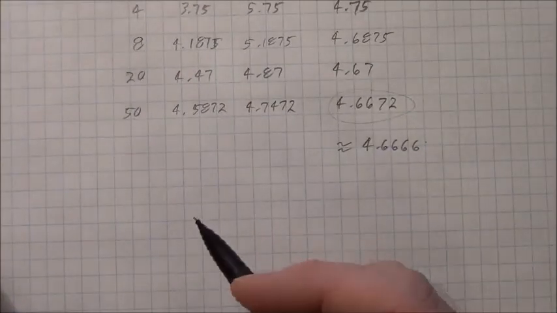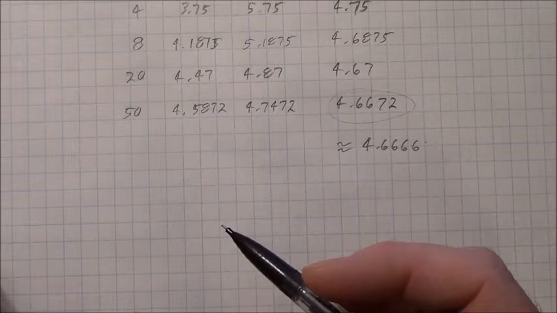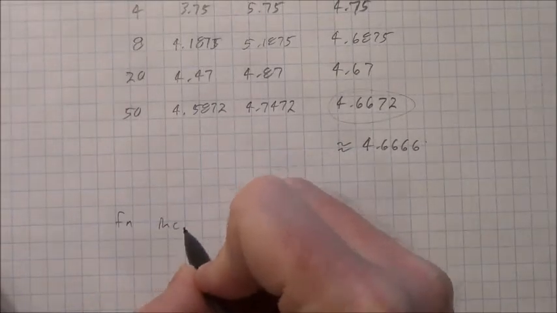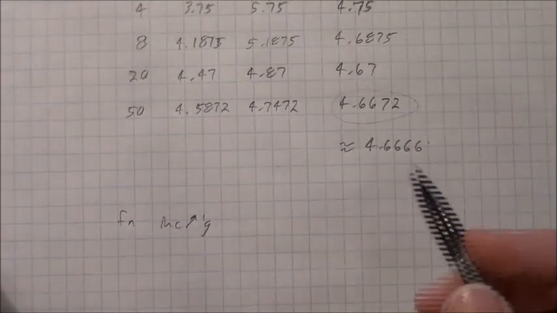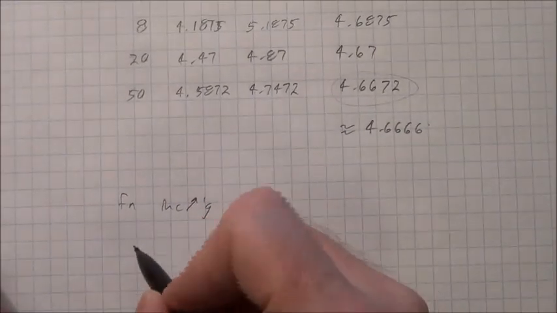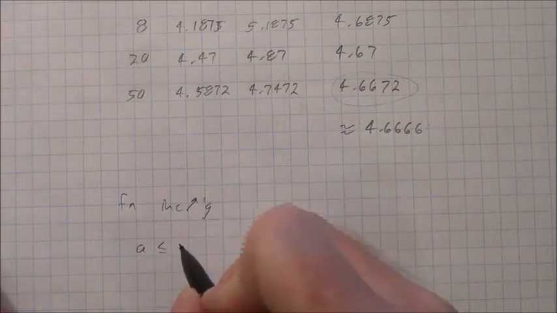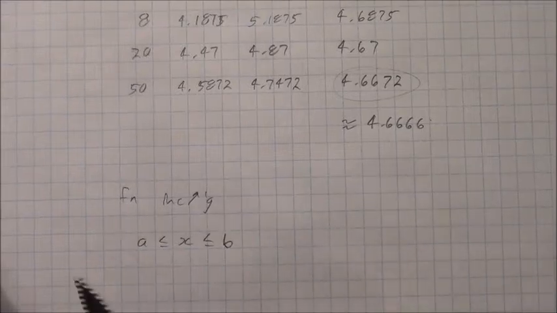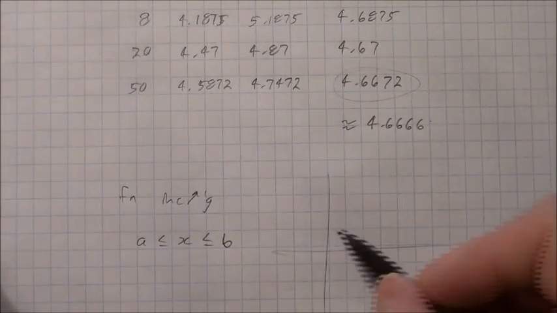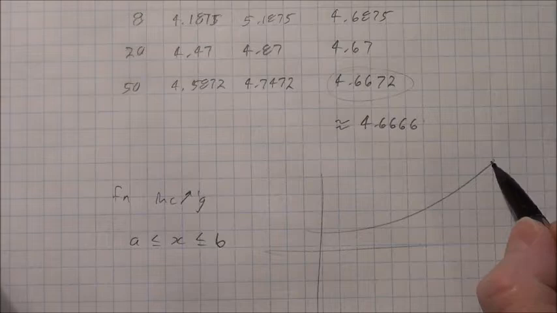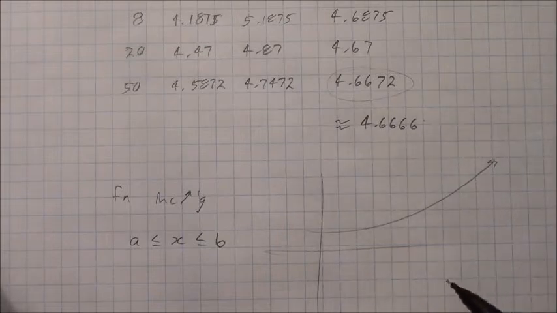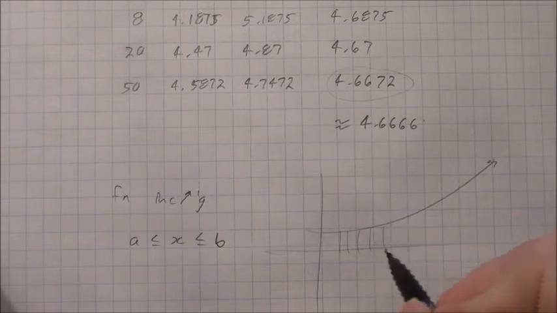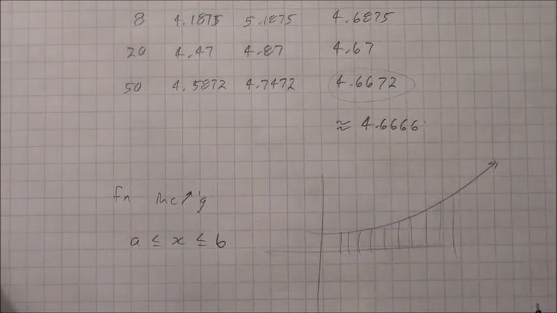So suppose we have some function, and the function is increasing on some interval, say a less than or equal to x less than or equal to b. We know it's increasing, it's positive, and we divide it up into rectangular strips all the way along.